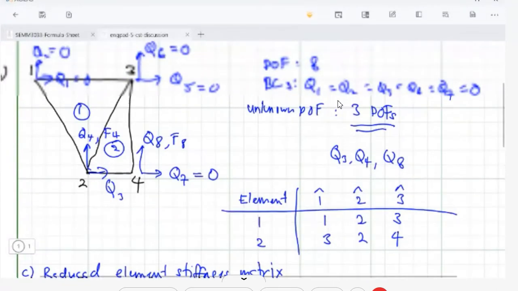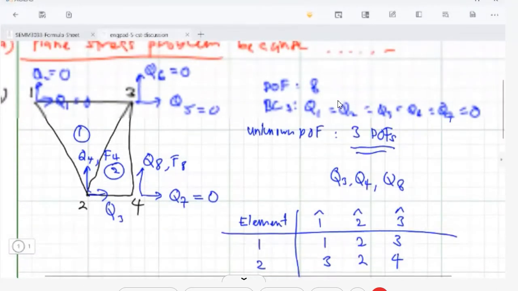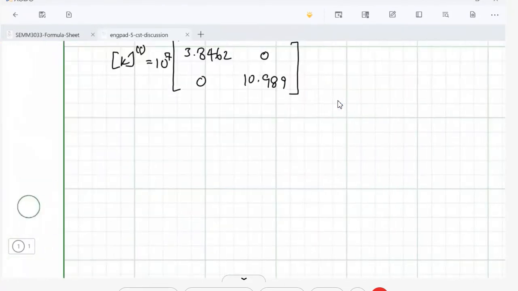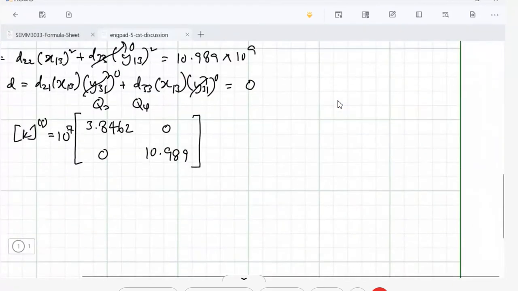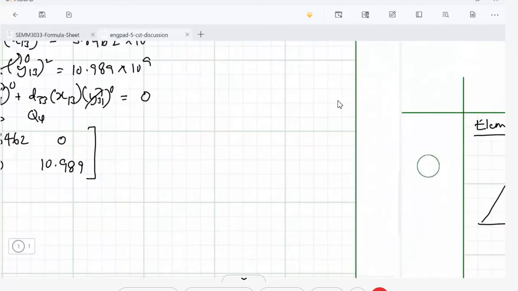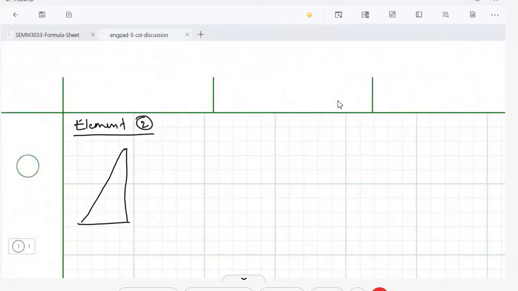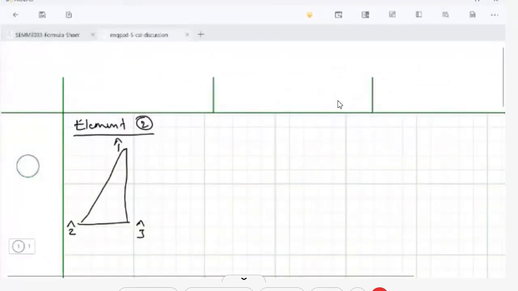So global node number 3 is this one, then 2 and 4. So this is node number 1, node number 2, and node number 3 of element number 2.